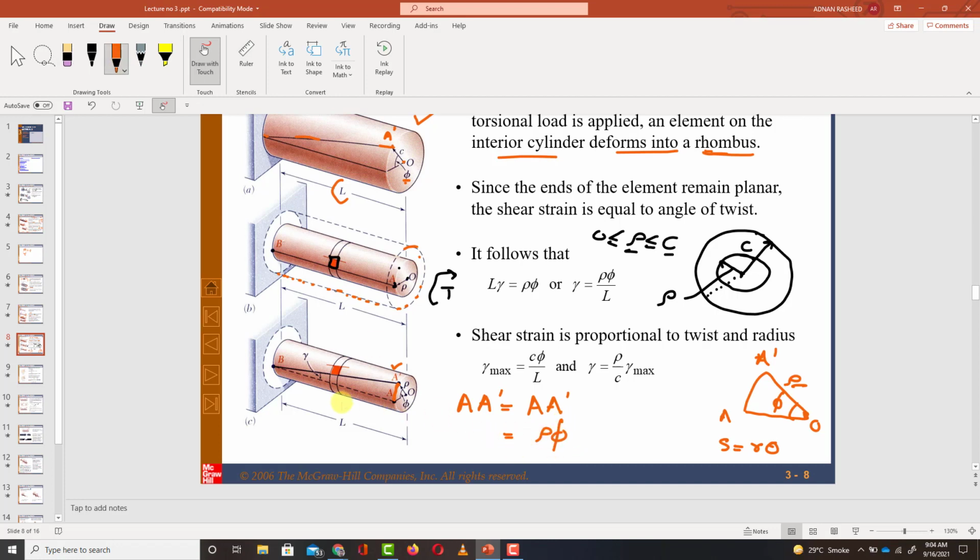Similarly, in triangle BAA dash, this AA dash is equal to length into gamma, L into gamma.